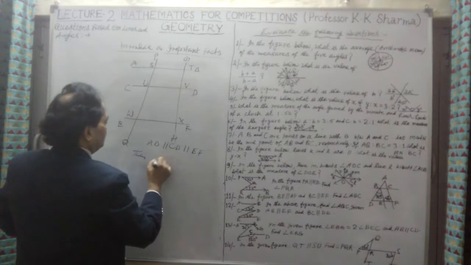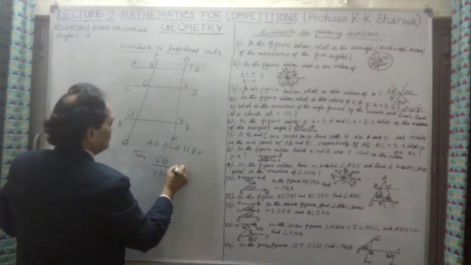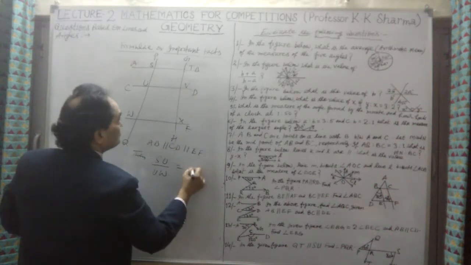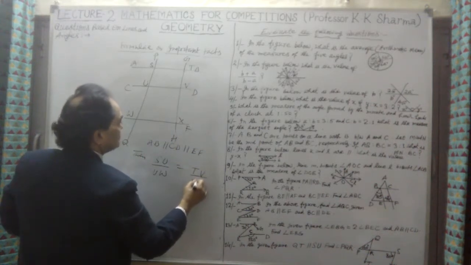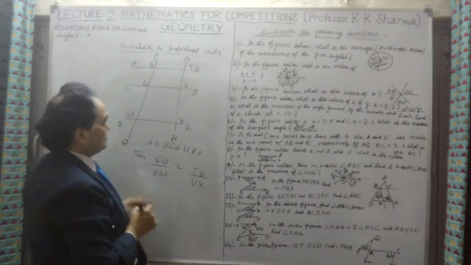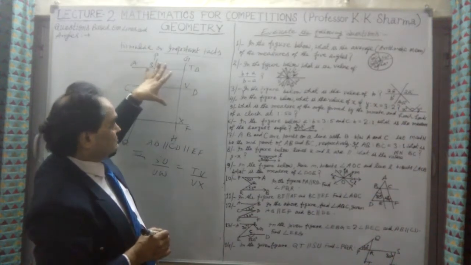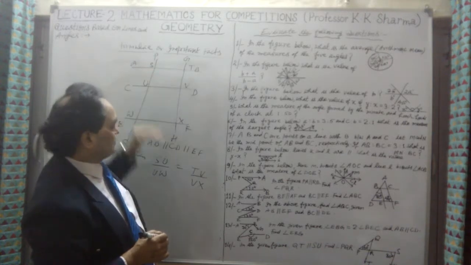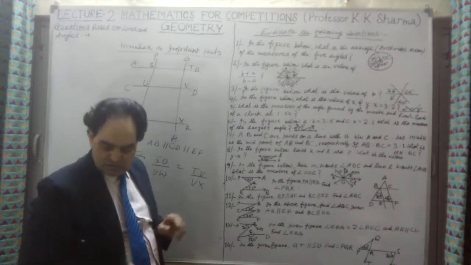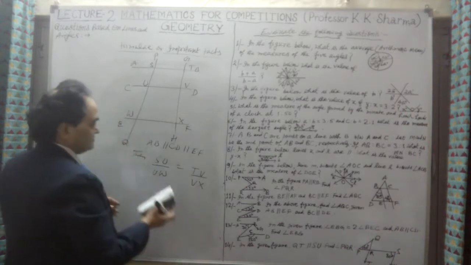Then SU upon UW is equal to TV upon VX. This means that parallel lines divide two transversal lines in the same ratio. This is what we have about parallel lines and transversal lines.